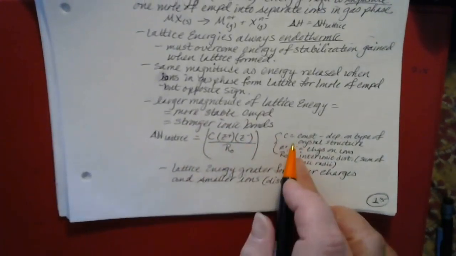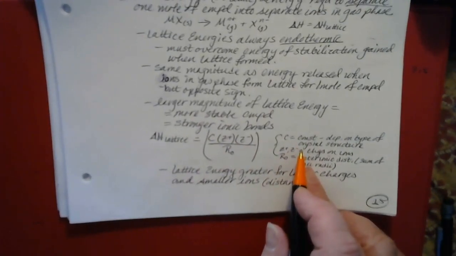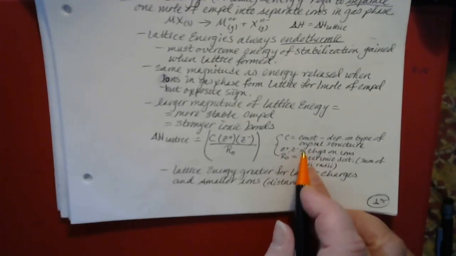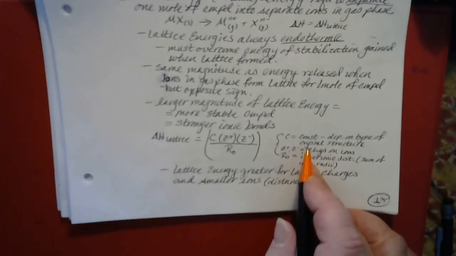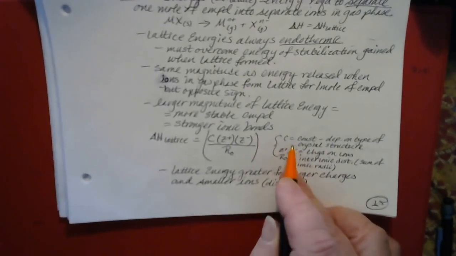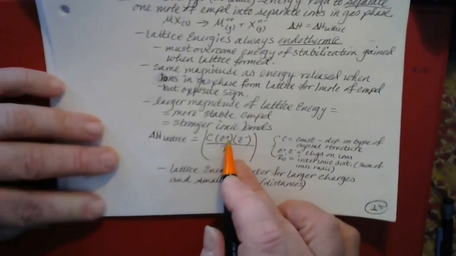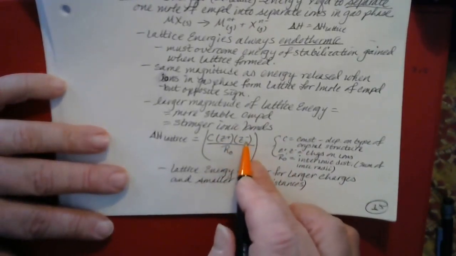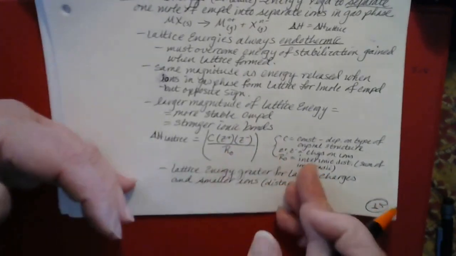C is a constant that depends on the type of lattice being formed, which generally means the way the ions arrange themselves relative to one another. There are several different ways to do that, and we're not going to go into detail, but there'd be a different constant for each possible arrangement. Z+ is the charge on the positive ion, Z- is the charge on the negative ion, and R0 is the distance separating them.